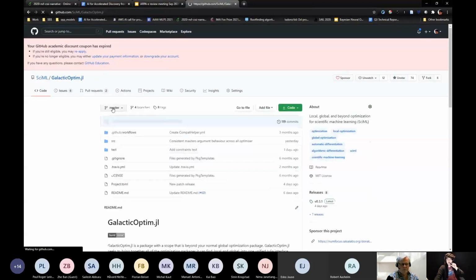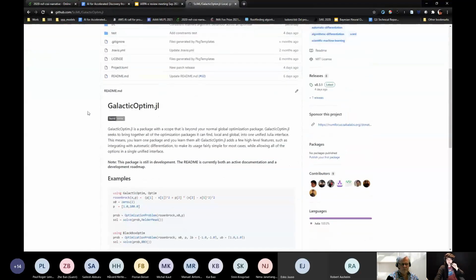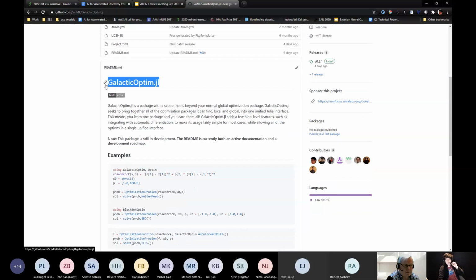inside of our new physics-informed neural networks and DiffEqFlux libraries is ways to be able to integrate a lot of these different nonlinear optimization libraries. And so what we started to build was this GalacticOptim, which essentially brings together all of the global optimization and local optimization libraries into one package, which is why we call it galactic.